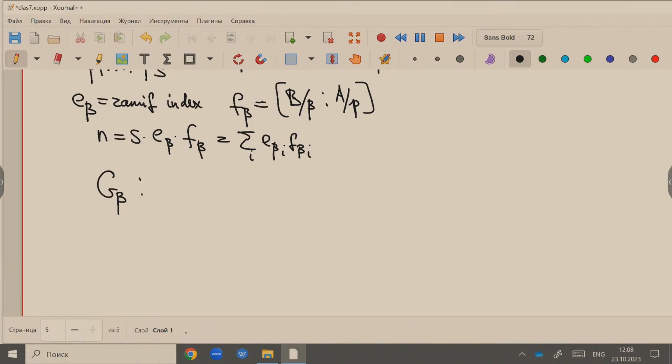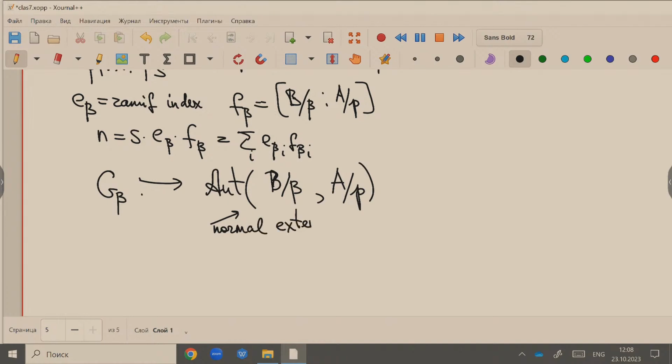There is a map of G beta to the automorphism group of the field B over beta, because G beta preserves the ideal beta and acts on the ring B. This maps to the automorphism group of this thing, and we have learned that this is a normal extension. And the map is surjective.